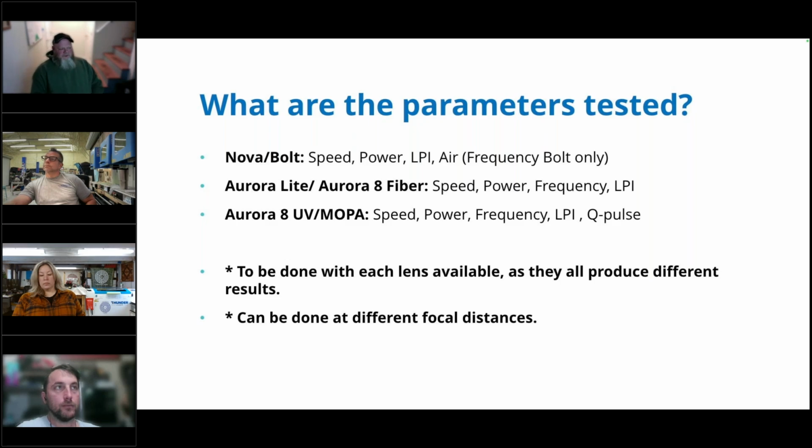On the Auroras or the galvos, you need to do the same thing on each lens. I have noticed there is a massive difference in results when you start changing out lenses, and then let's start changing out focal distances and keeping accurate notes. Was this result with a 1 millimeter or 3 millimeter plus on your focus?